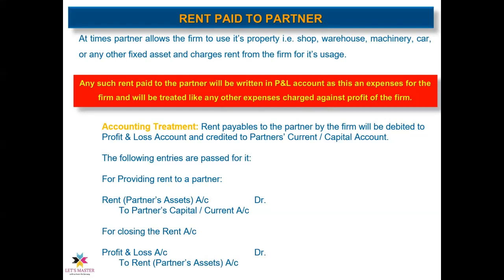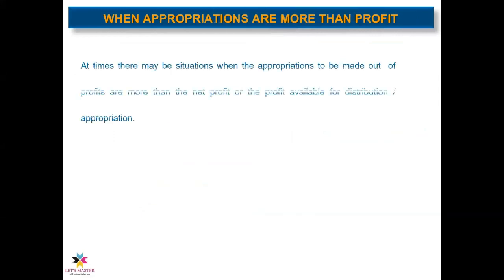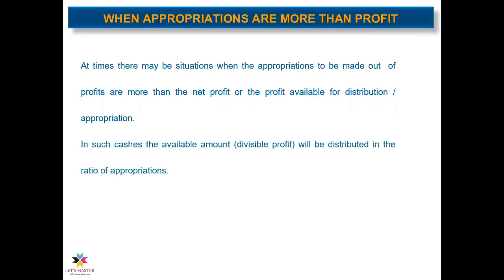Now, there may be scenarios where the appropriations are more than the profit. When the appropriations are more than the profits, then the profit available for distribution will be distributed in the ratio of appropriations.